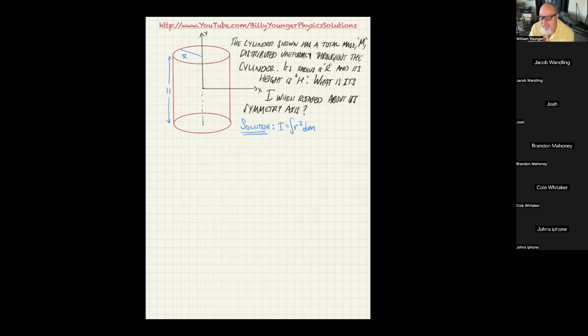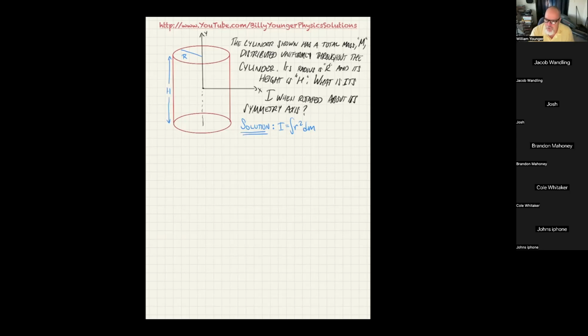Because if it did, then I have to figure out some way to compute a representative r for that shape. So for instance, if I just took, let's say, a big circular disc whose radius is big R, if I tried to use that as my differential mass element, then the r, notice, would run from r equals 0 all the way to r equal big R. That's a macroscopic quantity. And I would have to do some kind of procedure to figure out what's the moment of inertia of that particular disk and then add all that up. I don't want to get into that.